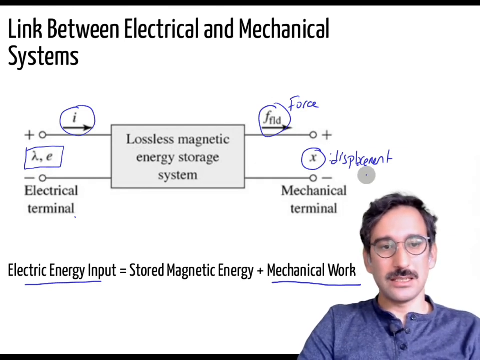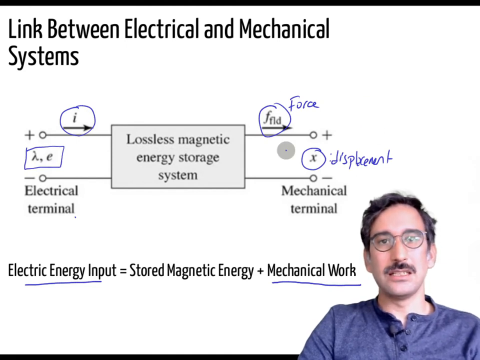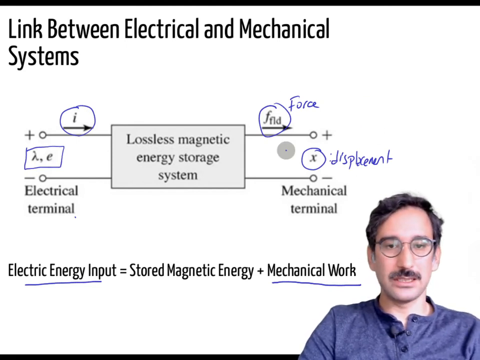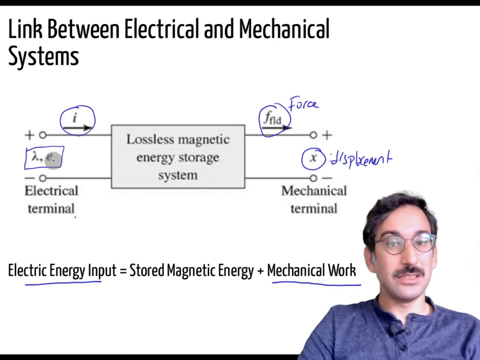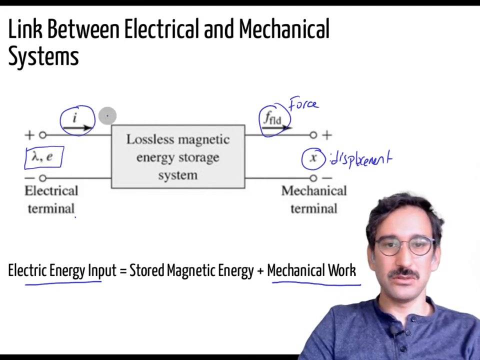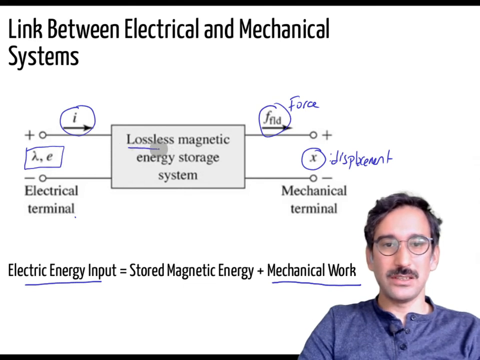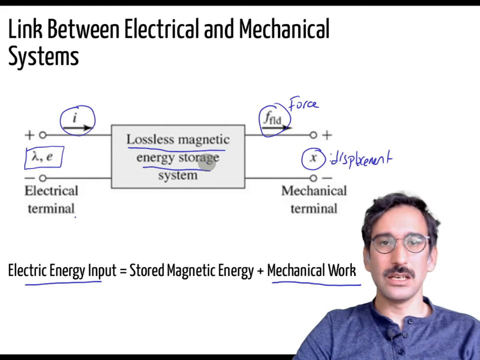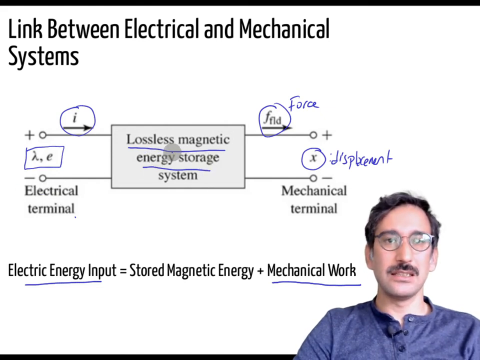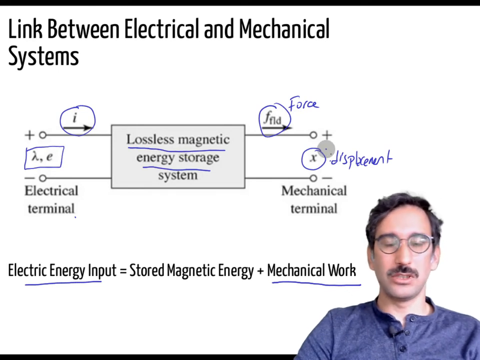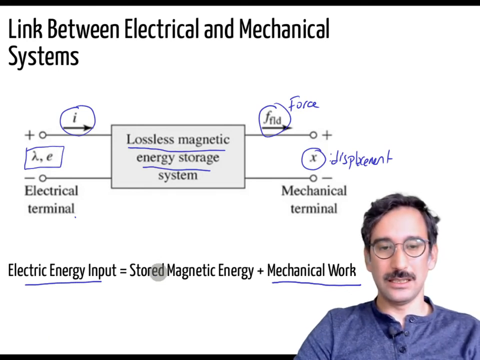or you can supply some mechanical energy, like in a wind turbine, for example, and you want to generate some electricity. So there's no direct conversion between these two. How we convert between these two systems is through magnetic energy storage. First we store the electrical energy as a magnetic energy, then the magnetic energy is converted to the mechanical energy.